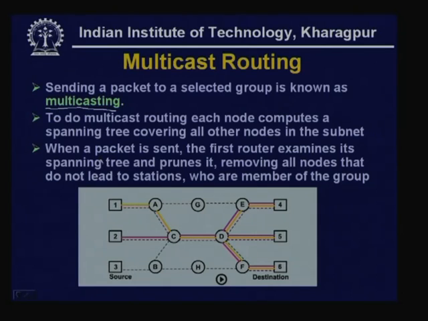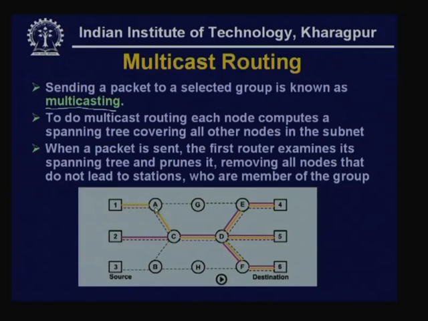So, what we find is that when a packet is sent, the first router examines the spanning tree and prunes it. Here, as you can see, after node A receives a packet, maybe related to a video, instead of sending to G, it prunes it. So, it simply uses this path and sends it. Whether it will send in a particular direction is based on the spanning tree.